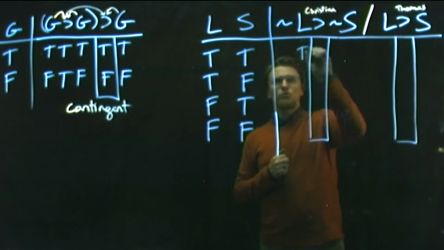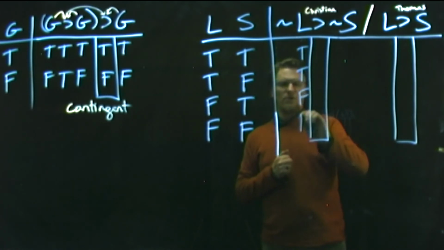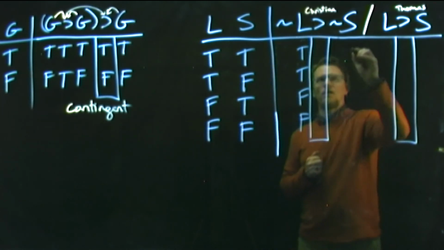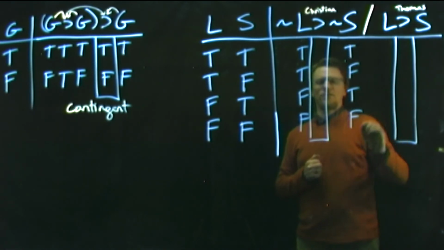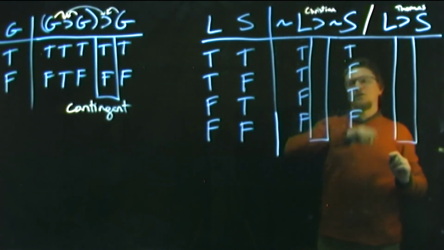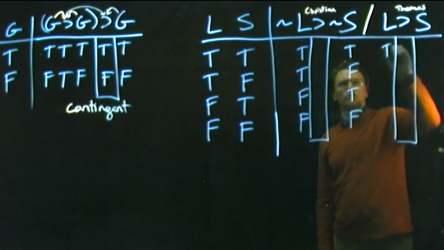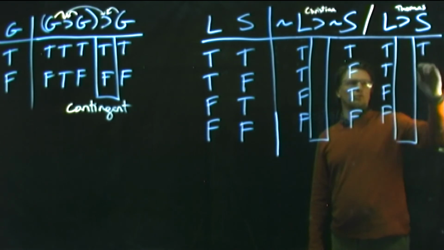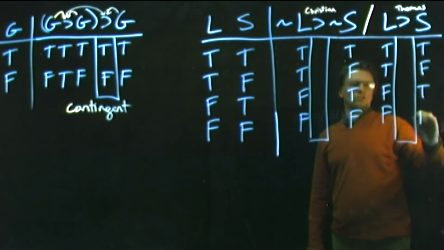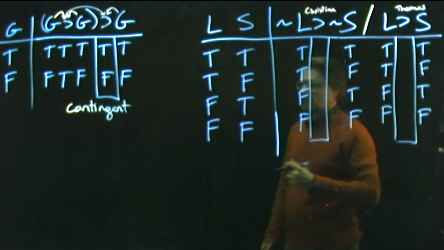So we're looking at true, true, false, false for the L, and then the S would be true, false, true, false. Then we go over here and do the same thing for Thomas: true, true, false, false, and true, false, true, false.